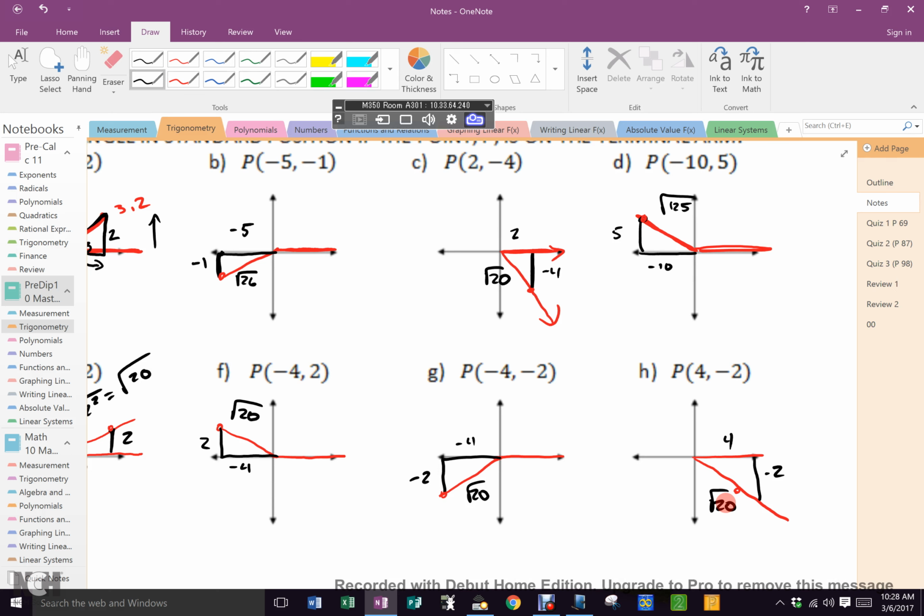Hypotenuses are always positive, regardless of direction. Why is your hypotenuse always positive, no matter where I go? Because as soon as you square it, you get a positive value. Do you all understand that?